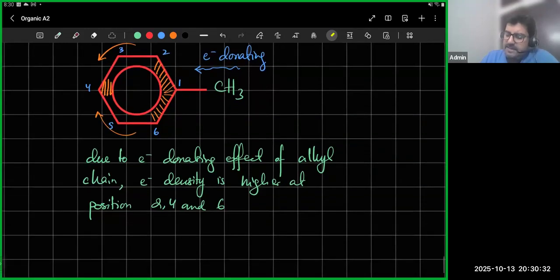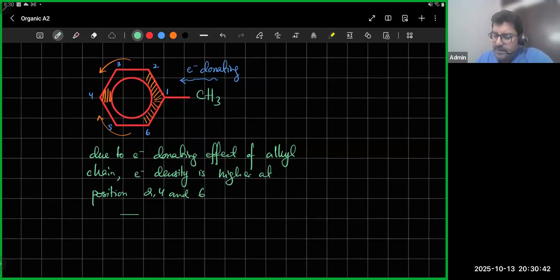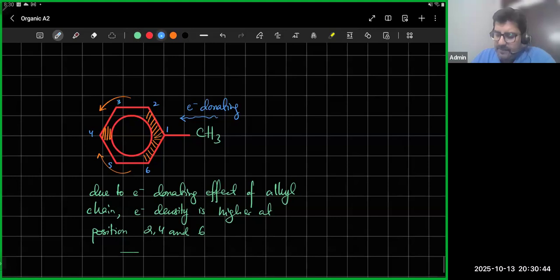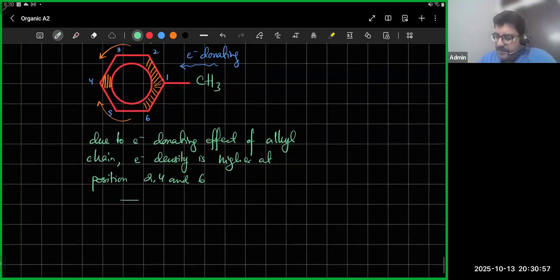Now the important thing is, when this molecule undergoes electrophilic substitution, the electrophiles are going to be very choosy about the position they get attached to. So your electrophile, whatever that is, let's say there's an X plus that's coming in, it's probably going to be more attached to position number 2, or position number 4, or position number 6.